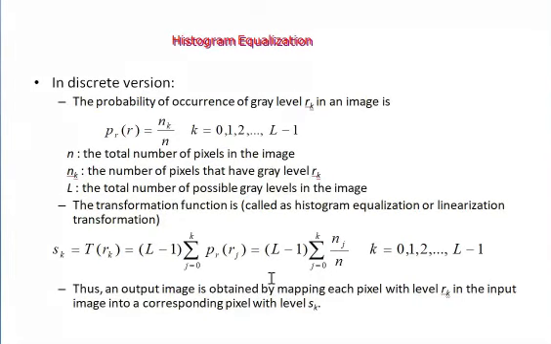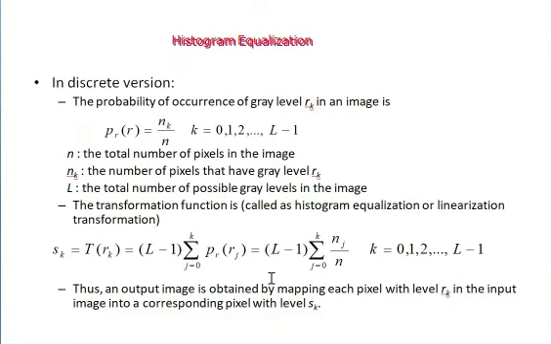The histogram equalization or linearization transformation function is Sk equals T of Rk, and I am writing the equation: L minus 1 into the summation of PR of Rj. By using this equation, I equalize the histogram.